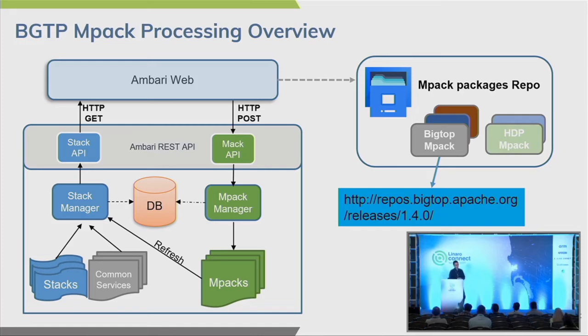And Ambari web will get some lifecycle information from the stack manager. These services we deploy on Ambari engine come from the Mpack packages repo. We adopted the Bigtop release 1.4.0 as our new Mpack repos.